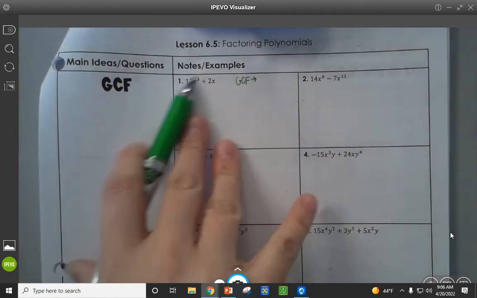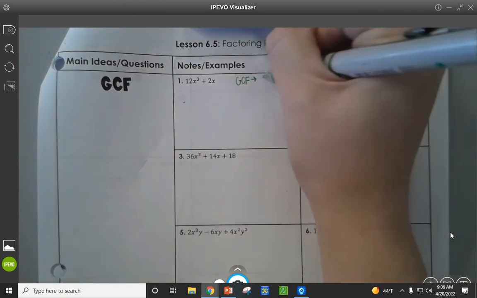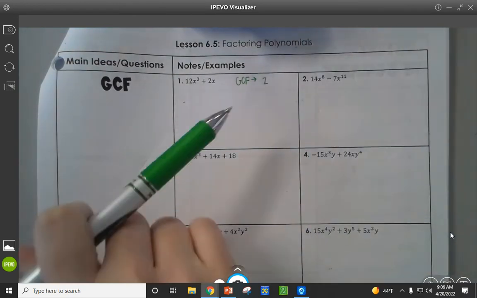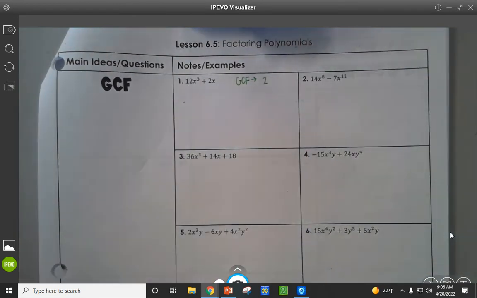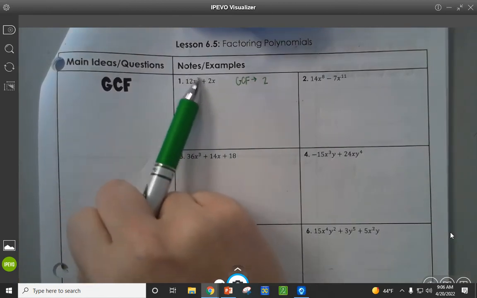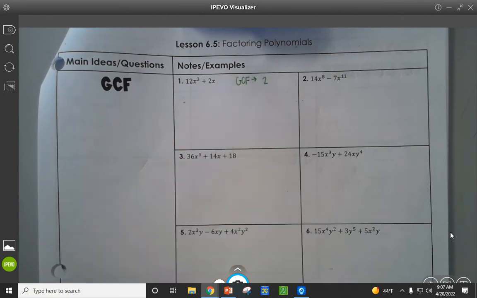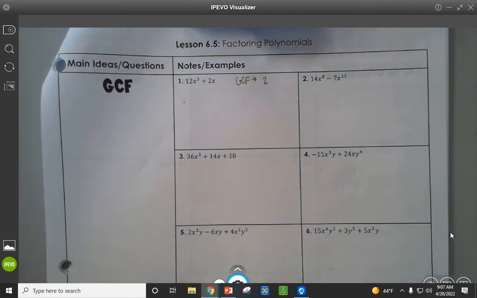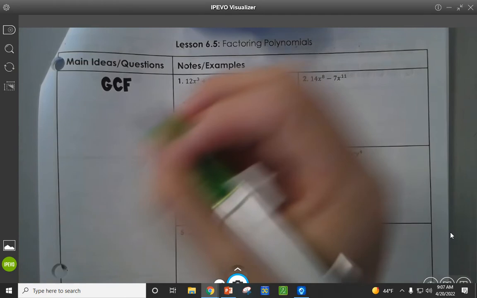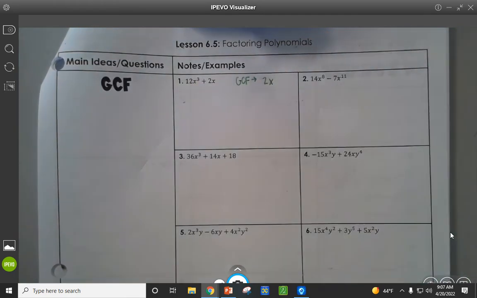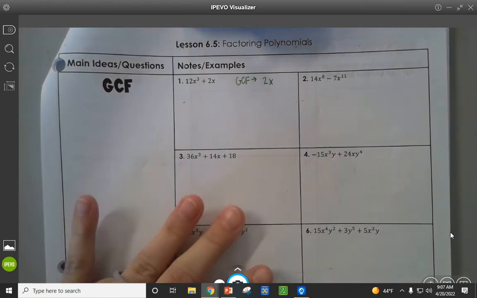Really, the only thing you could divide both of those by is 2. And then you look at the variables. So this first term has x cubed. This one only has x. How many do they actually have in common? Just one x.